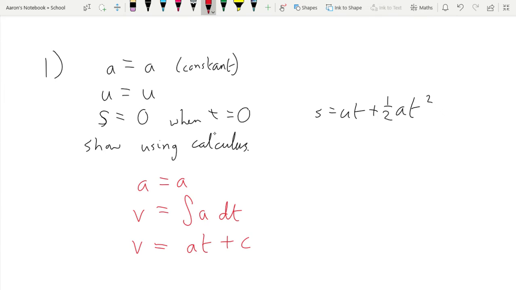Now I'm going to use this u. This is sort of the velocity when t equals 0, isn't it? So you could think of that as v equals u when t equals 0.